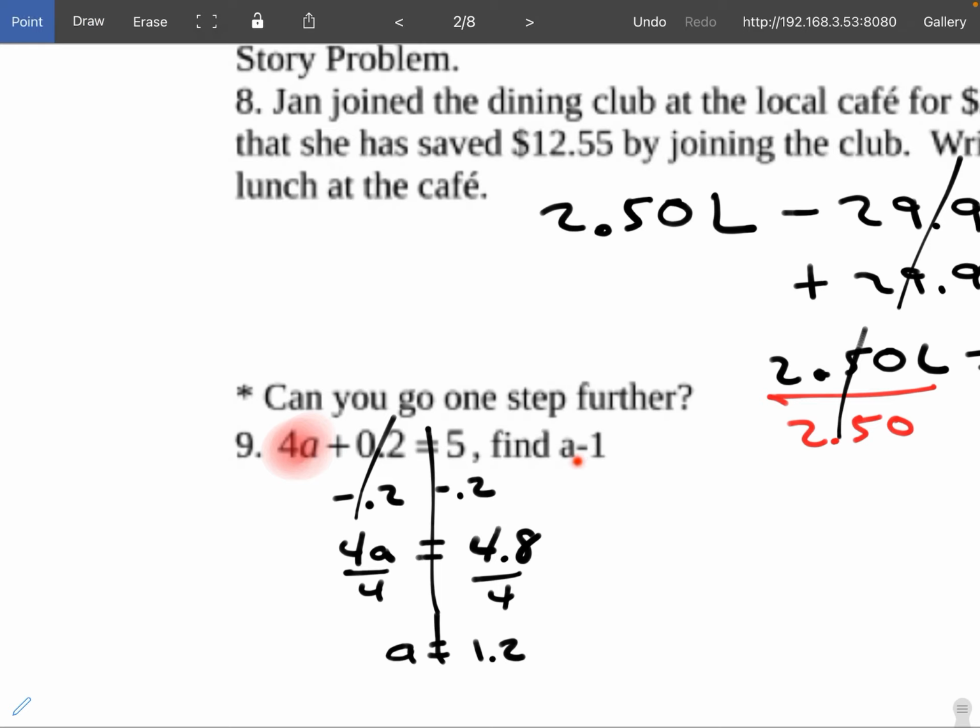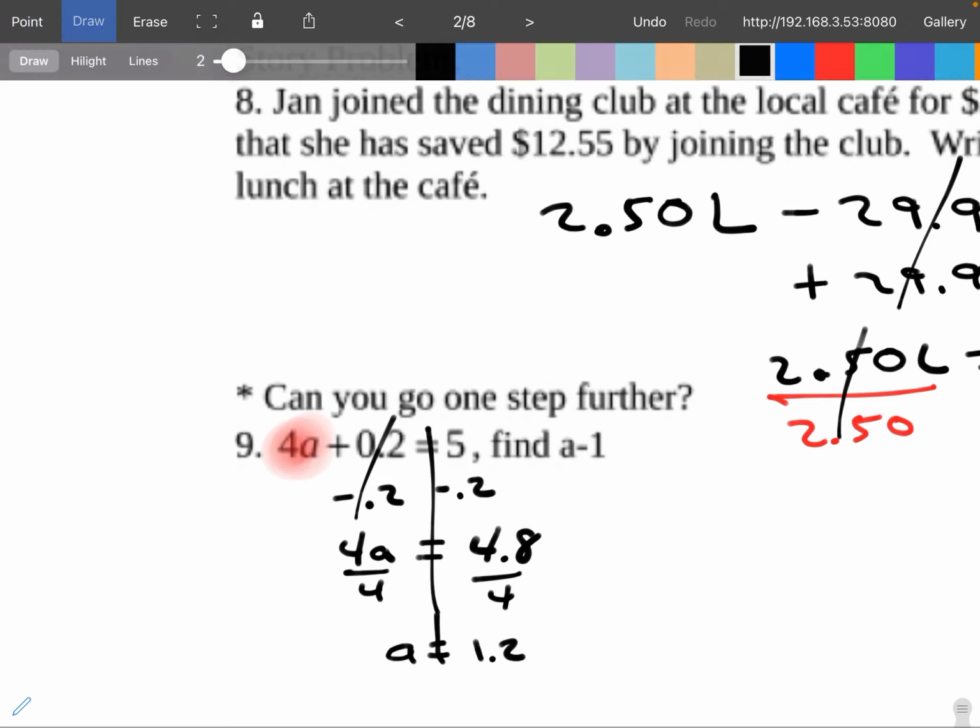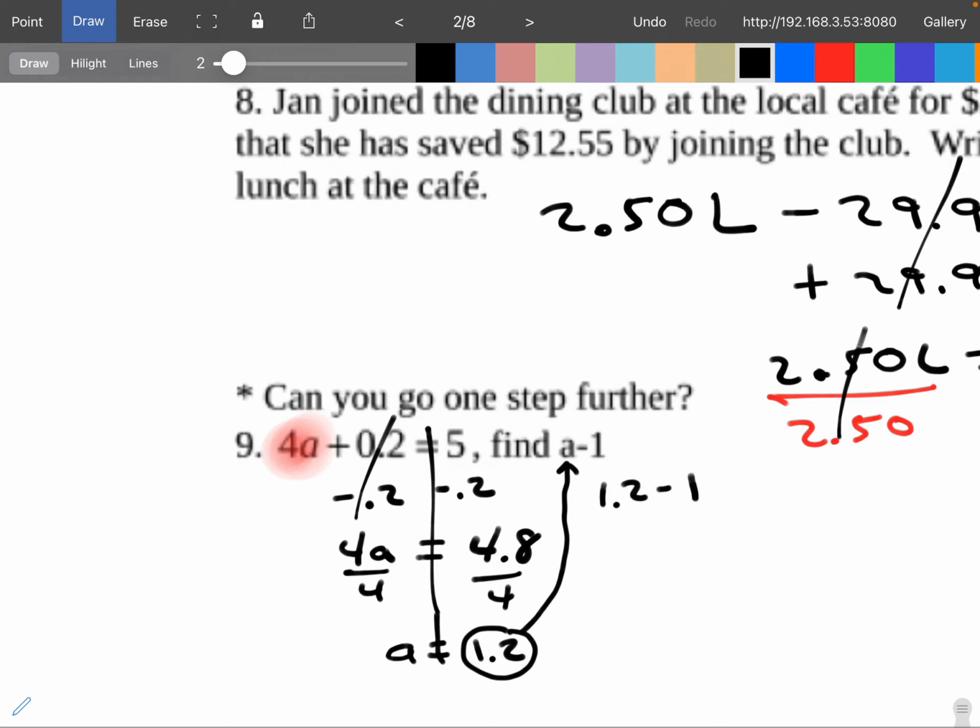Because they didn't ask you to find a, they asked you to find a minus 1. So you have to take the value you got for a and plug it in right there. So you actually have to do 1.2 minus 1. That's just 0.2.